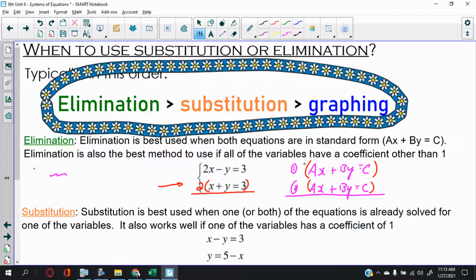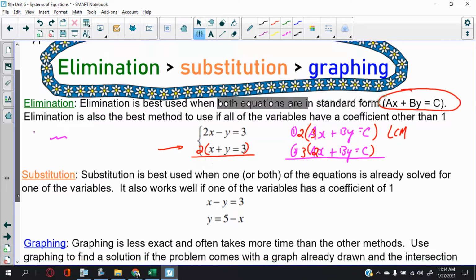So let's say this was a 3 and that's a 2, then you have to multiply by 2 and 3, remember, to get the LCM, as an analogy. So to summarize, elimination is best used when both equations are in standard form.